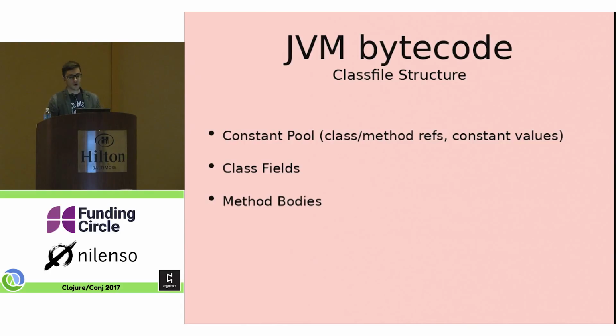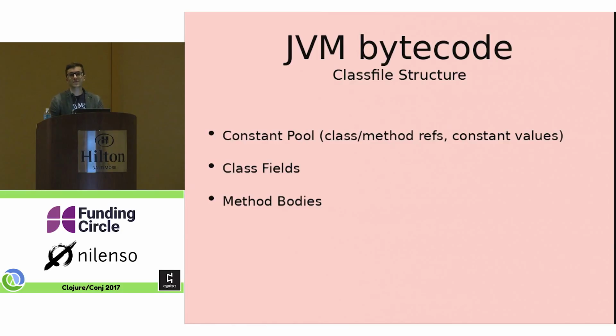A quick overview of the class file structure. So everything that runs on the JVM has this class file structure. A class file has three different aspects to it. It's got a constant pool where the JVM stores stuff like string constants or integers or references to classes and methods.